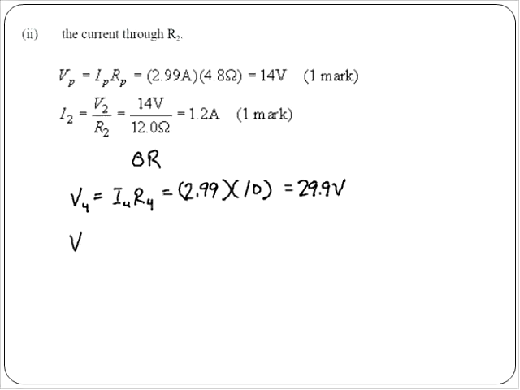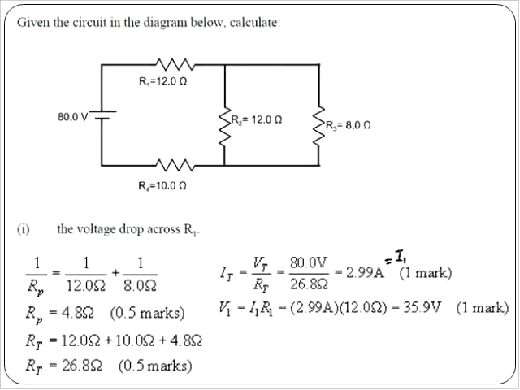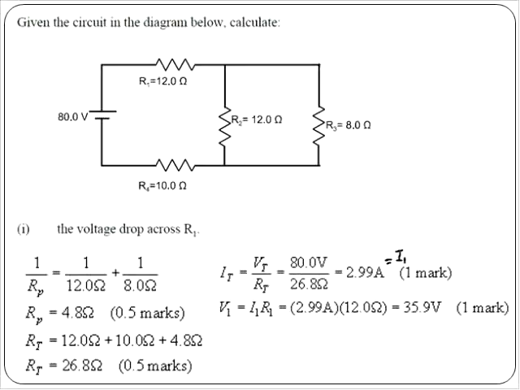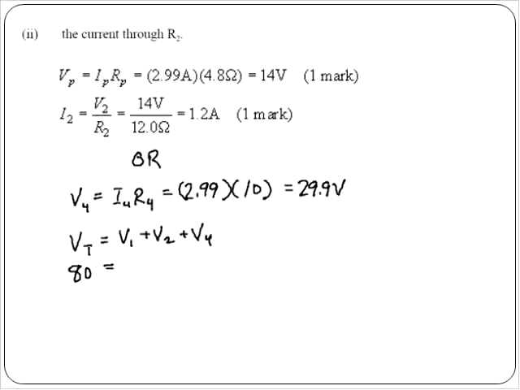Then I could say that VT was equal to V1 plus V2 plus V4, which meant that, if we go back and look, 80 volts equaled V1, which we found in the first step, which was 35.9 volts, plus V2, which we don't know yet, plus V4, which we do know is 29.9.